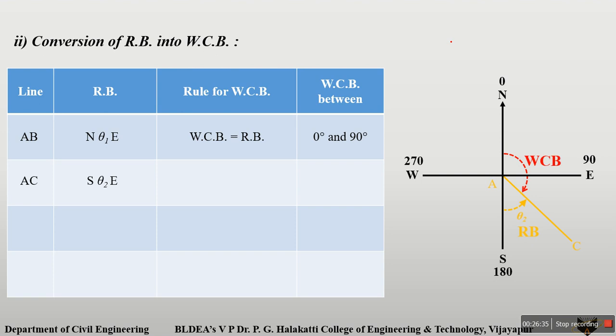Total 180 degrees minus this much bearing will give this bearing value. So we can write WCB is equal to 180 degrees minus the reduced bearing. The angle is between 90 degrees and 180 degrees.